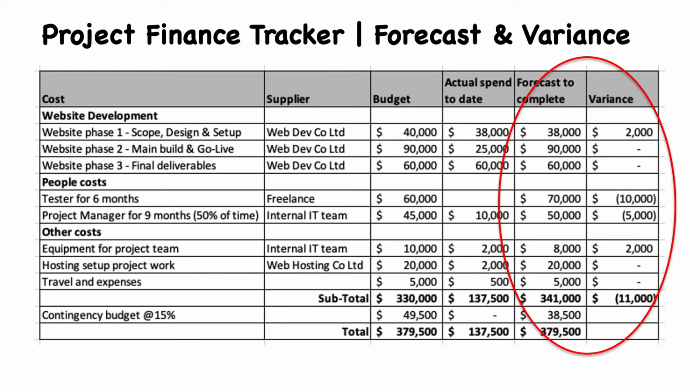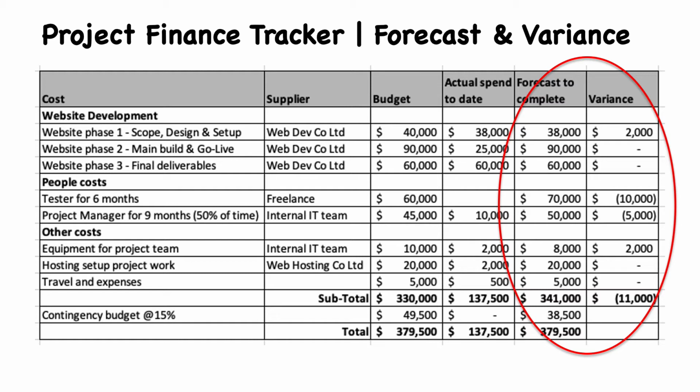It looks like where we're at in the project right now, we're pretty much finished phase one. We came a little bit under budget, so we've got £2,000 that we didn't spend, and it looks like in this particular project we're in phase two. We're in the main build and the go live phase of this project, and we're forecasting that we're going to spend the full budget allocation for this phase of the project.